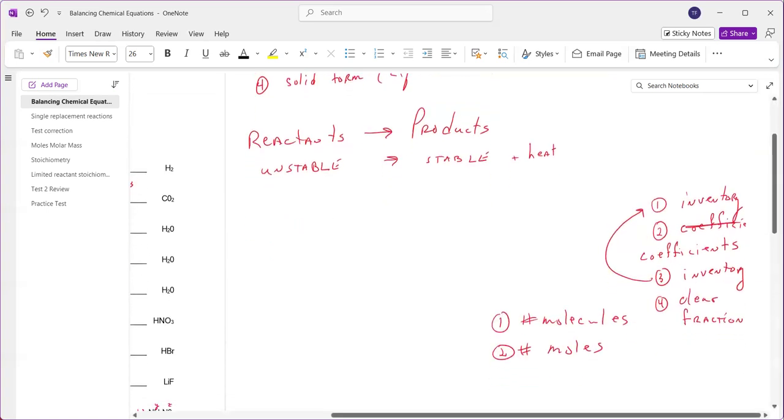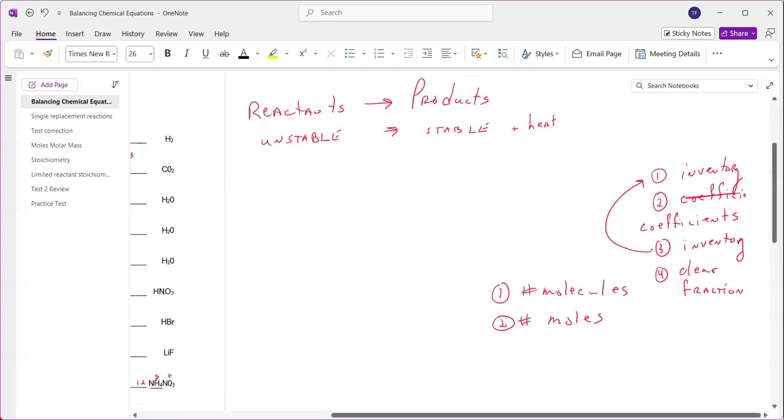All right, so I've developed a process to do balancing equations. And it's kind of clunky, but it's very fundamental and intuitive. The other way to do it is a very sophisticated way using linear algebra and matrices.